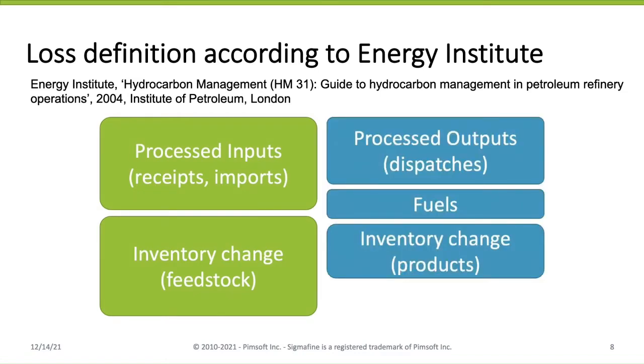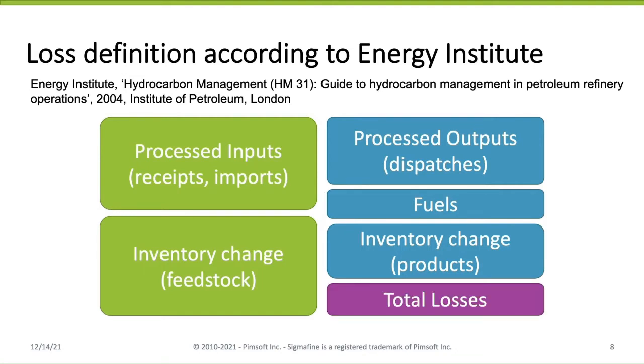On the other side, we have the process outputs, so the dispatches, consumptions, so fuels that are used as internal consumption of the refinery, and finally, the inventory change in the products. The difference between the two sides represents the total losses of the refinery, and later we will analyze them in more detail.